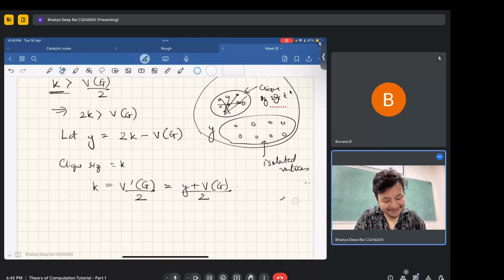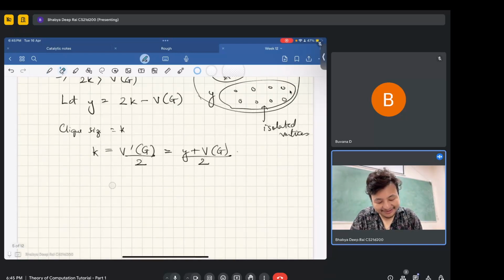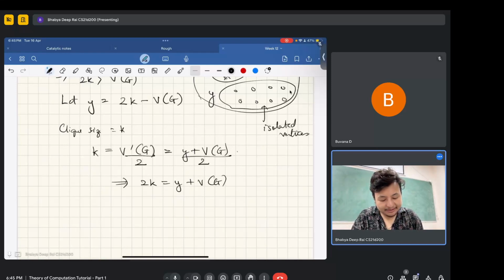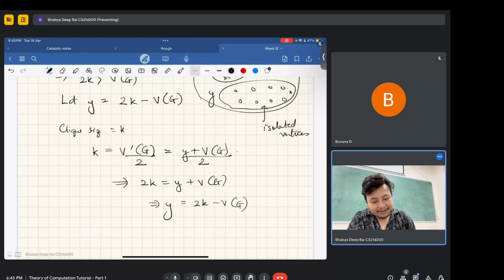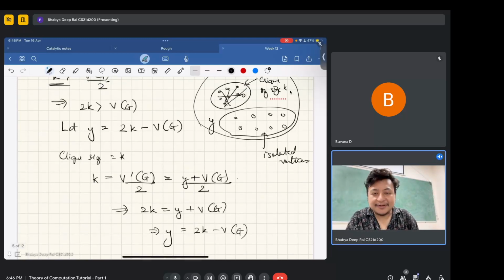So what does this imply? This implies 2k equals y plus V of G. And y is 2k minus V of G. Y is the number of isolated vertices we need to add.